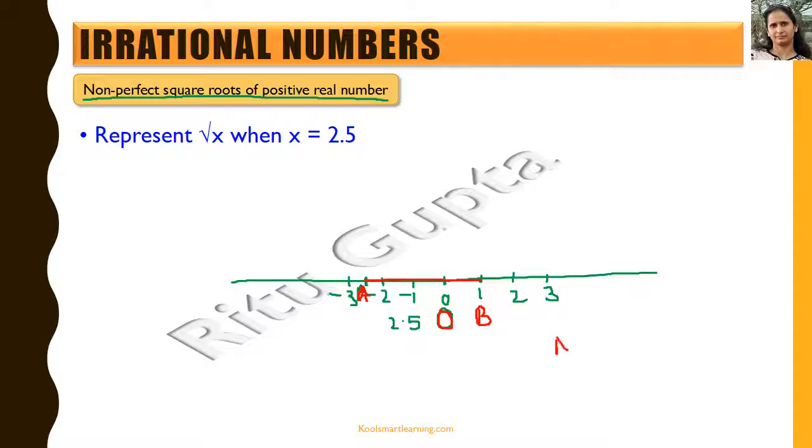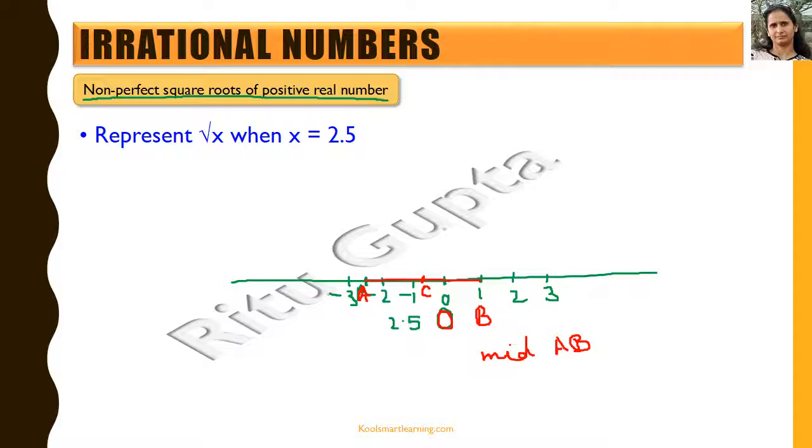Now if you see, this becomes 3.5, so the midpoint will be somewhere here. We call it C.